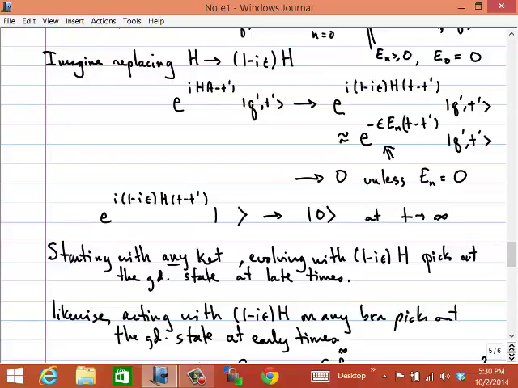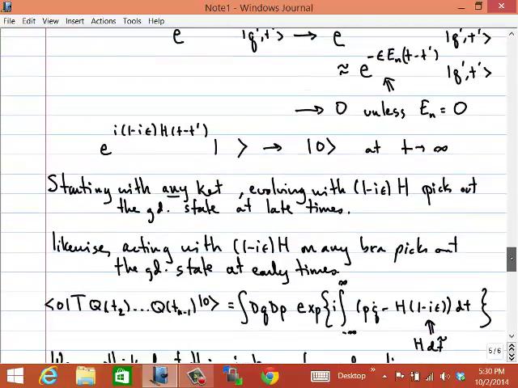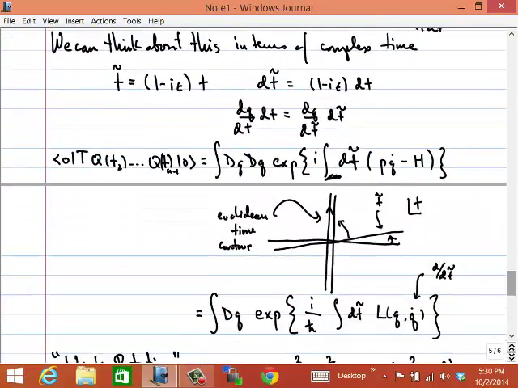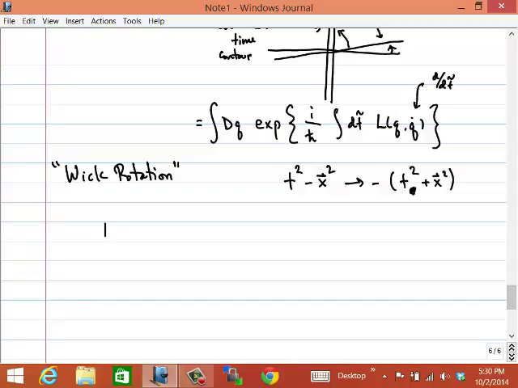Okay. So if epsilon was negative, you would be picking out infinite energy states instead of zero energy states, and so we wouldn't quite know what to do here. So the important point is that epsilon is positive, which roughly means that if you think about this complex time plane here and you start with the real-time contour, you need to rotate the contour in this direction rather than in that direction.